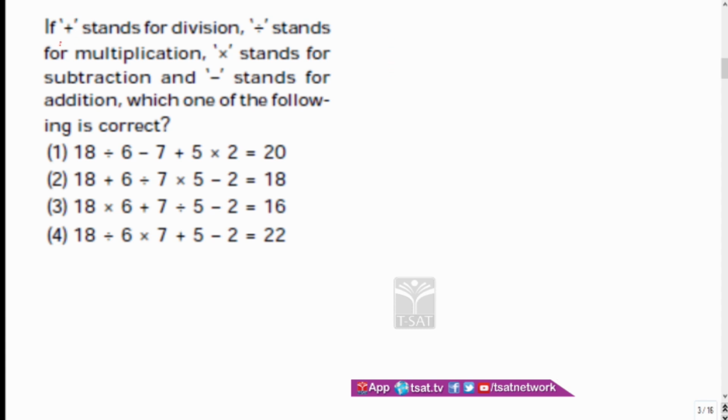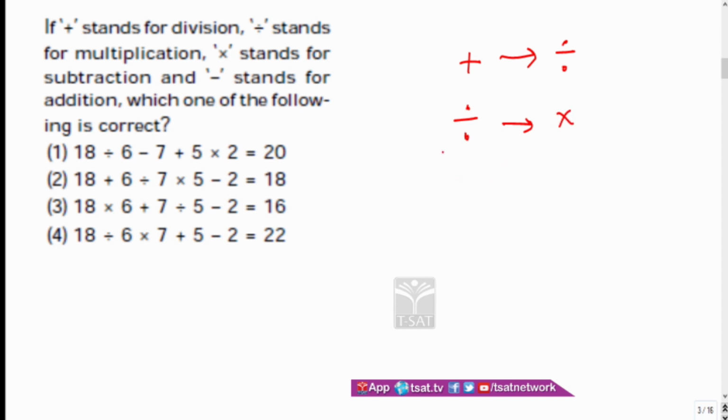Because see here, if plus stands for division, meaning you have to interchange these positions. Wherever you see this plus symbol, you have to now apply the division here. In the same way, division stands for multiplication. So wherever you see the division, in the place of this symbol, you have to multiply it.